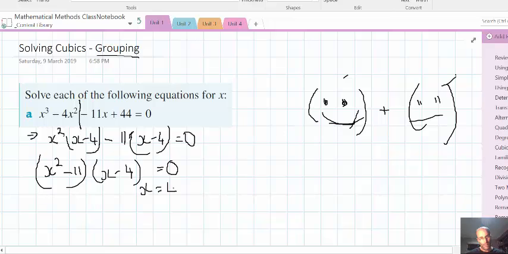So x equals 4 is one solution, and we have x squared minus 11 equals 0. x squared equals 11, so x equals plus or minus the square root of 11.